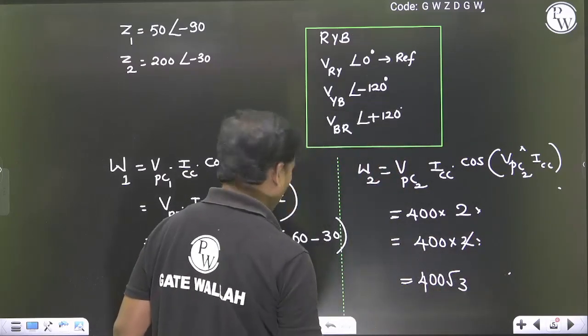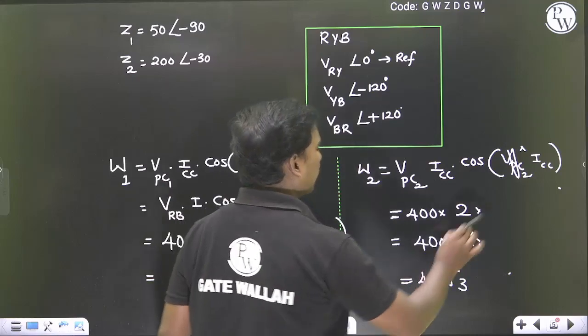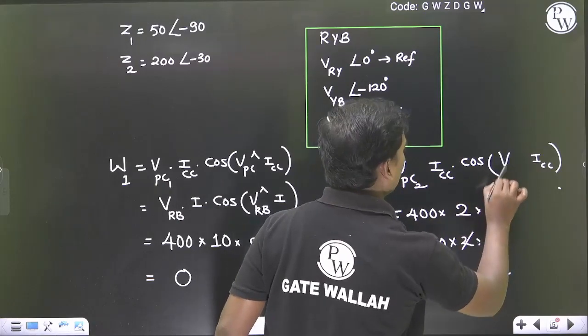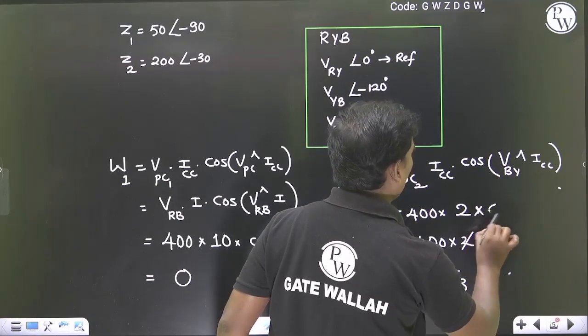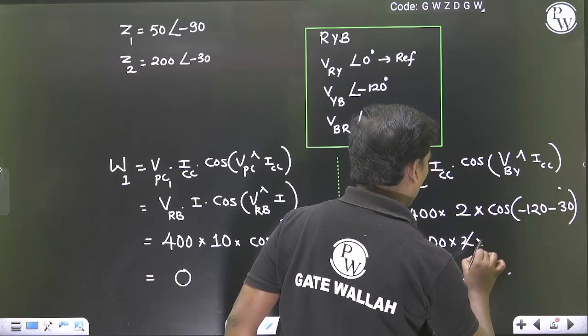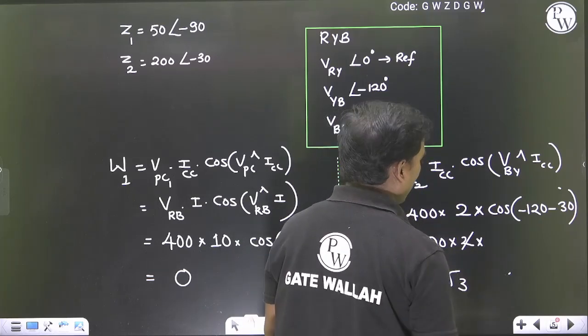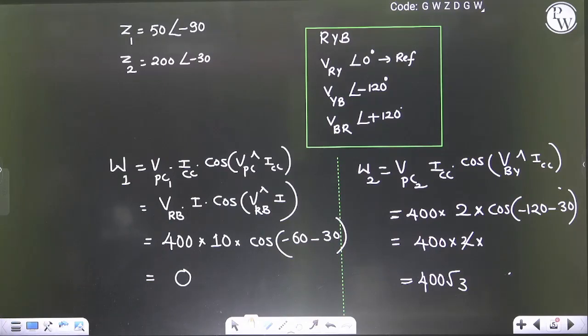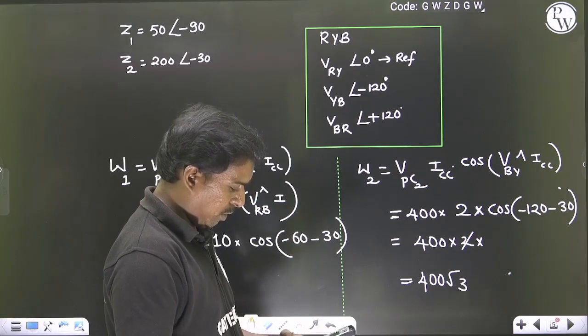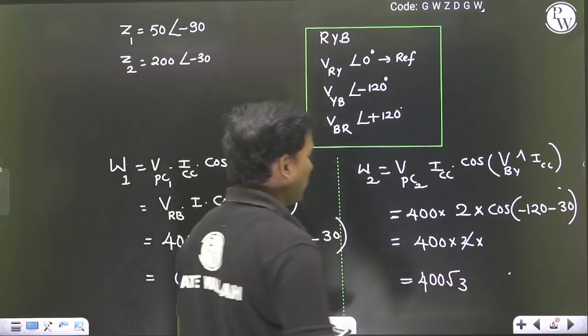It will be minus 120. It's connected between Y and B, so VYB at minus 120, and ICC is I2. So cos of minus 120 minus 30, that is cos of minus 150, which is minus root 3 by 2.